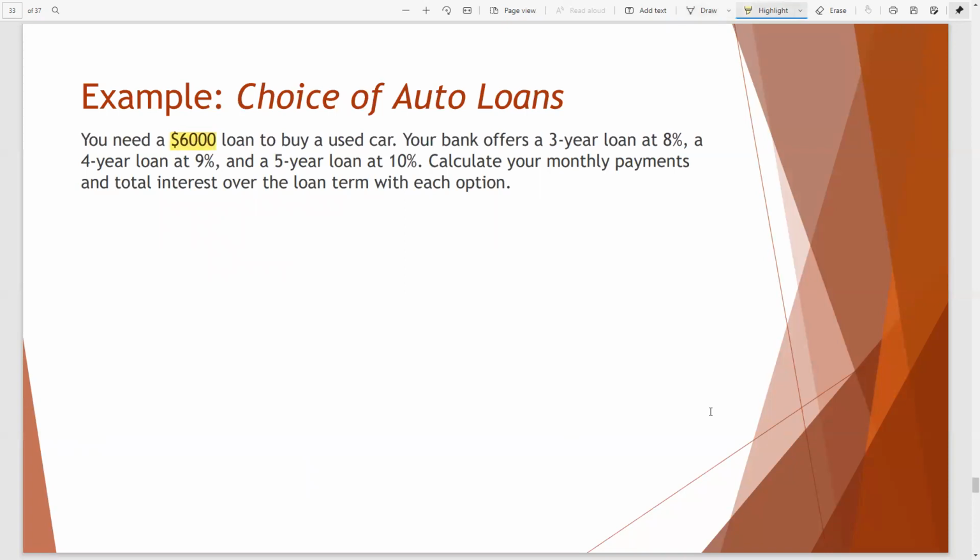Each loan is $6,000: one option is 3 years at 8%, another is 4 years at 9%, and another is 5 years at 10%, the longer term with the higher interest rate. Find your monthly payment and total interest with each option.